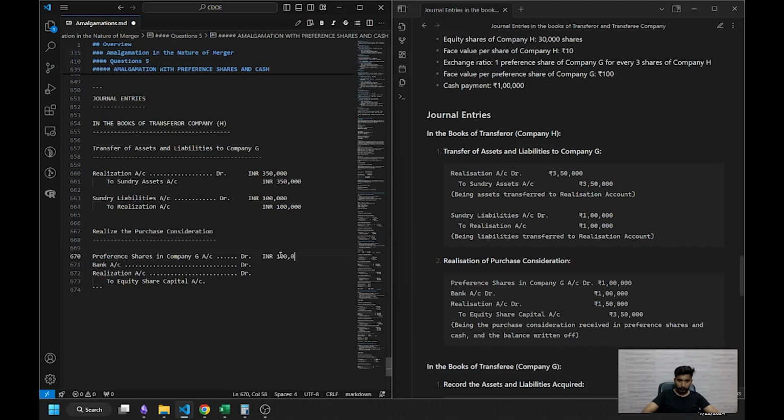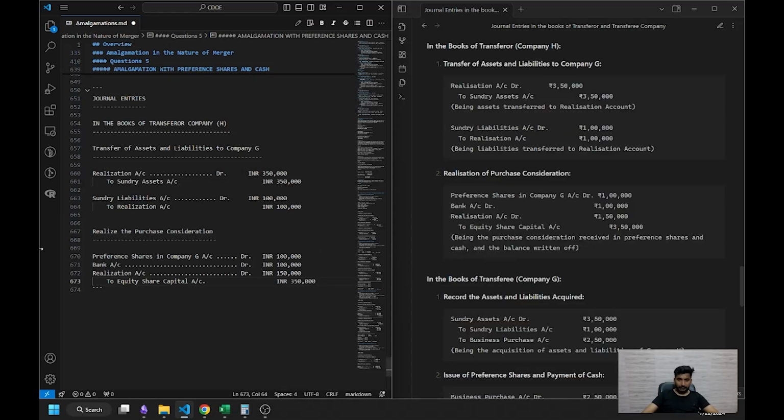That is 1 lakh, again 1 lakh, again 1,50,000, and the equity share will be rupees 3,50,000. This will be the amount of the purchase consideration.